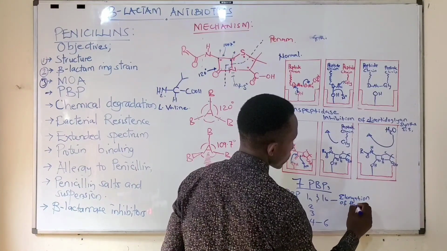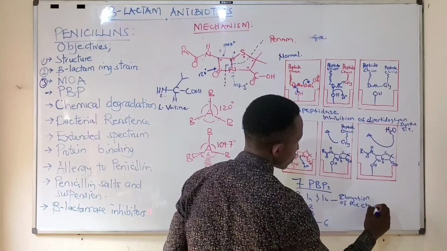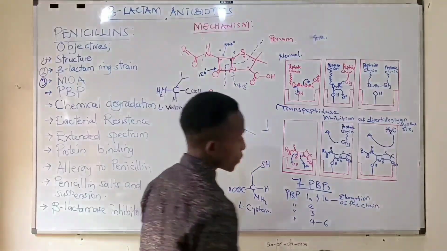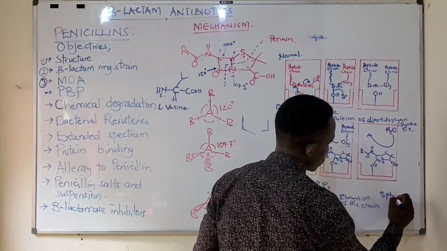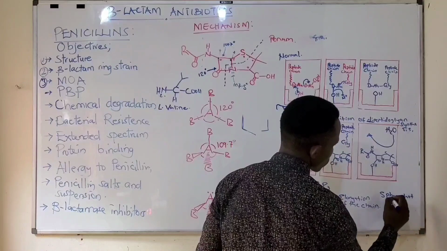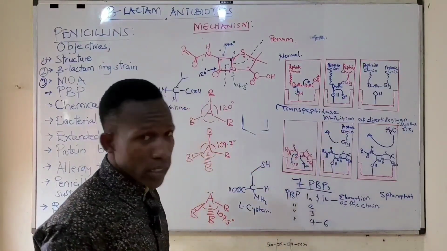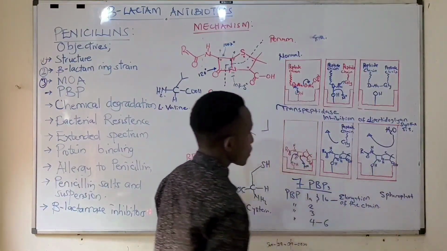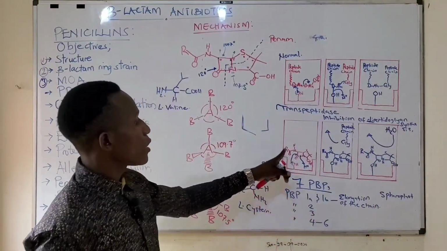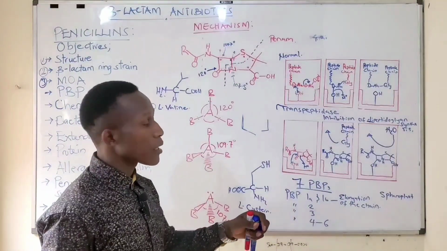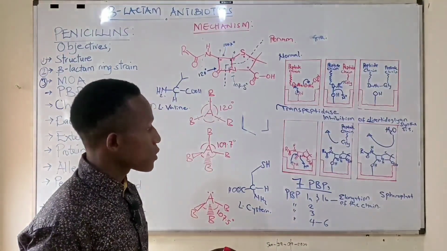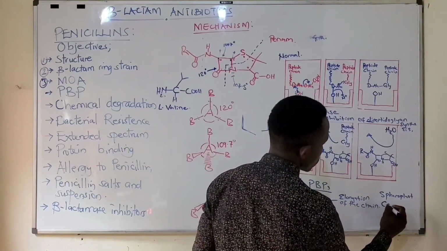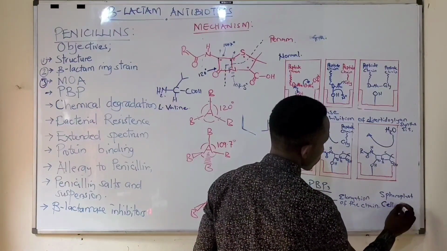If they are inhibited, we shall have spheroplast, meaning this bacteria will be lacking some part of the cell wall. This shall result in cell death.